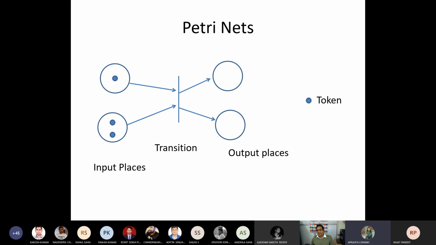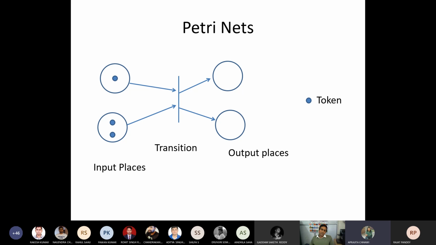What is a graph? A graph is a collection of edges and vertices. A graph consists of a certain number of vertices, and these vertices are connected by edges, so they are connected to each other.